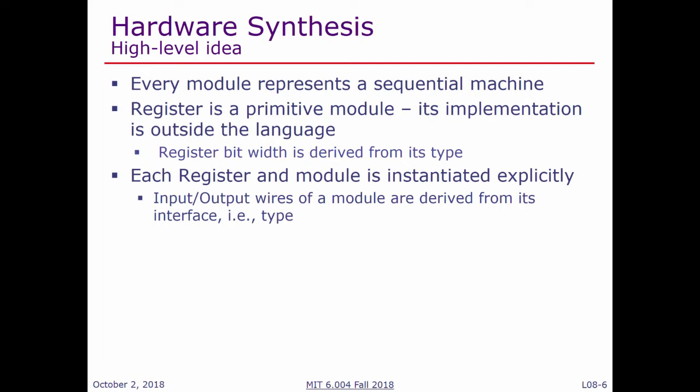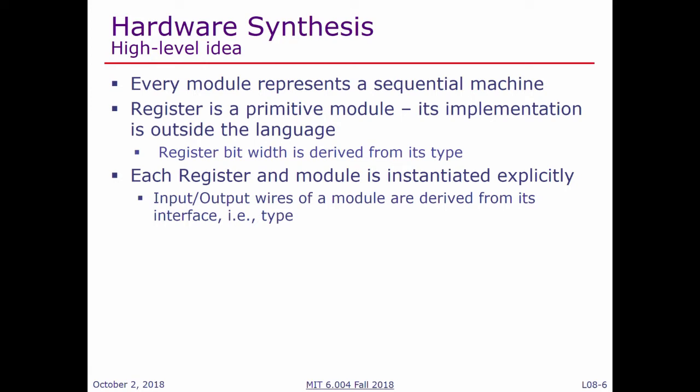One-to-one correspondence. Every piece of stateful hardware, registers, modules, has to be instantiated explicitly. You saw that we instantiated 2 GCDs and 2 registers in that case, and there is no other stateful entity in that module implementation. That's the end of the story as far as we are concerned.